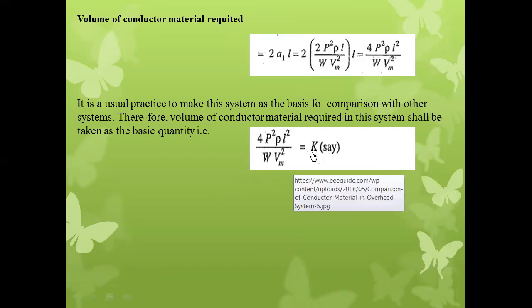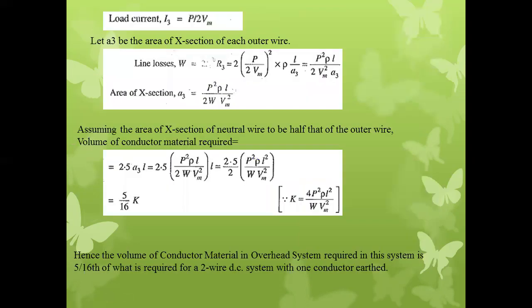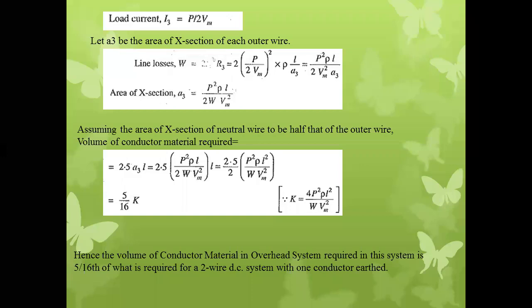In case of the three wire DC system, the volume of conducting material required is 5 by 16 into K, that is, 5 by 16 times the volume required for the two wire DC system with one conductor earthed.